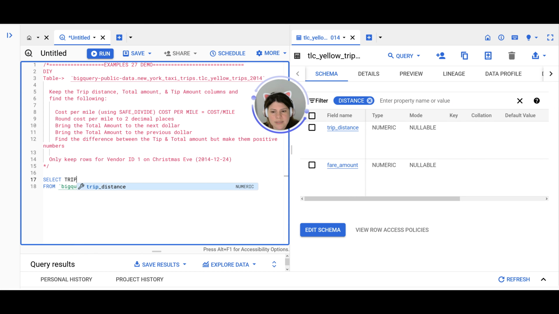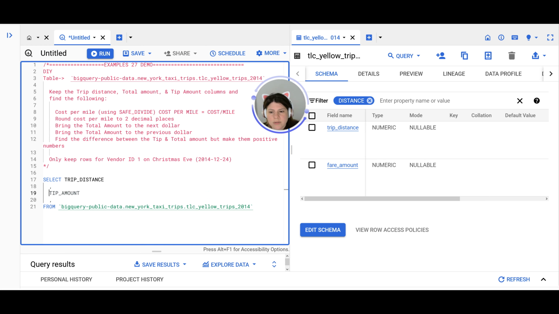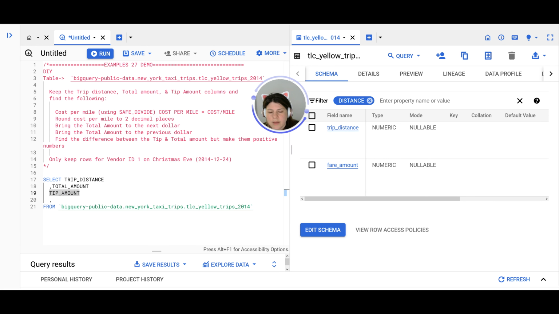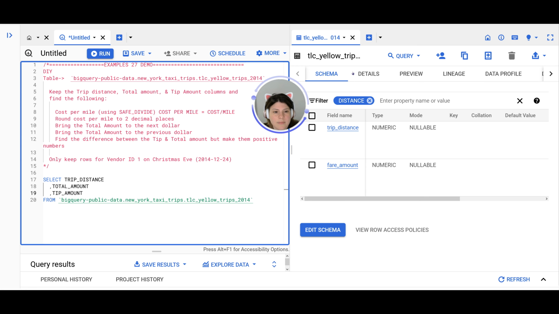Trip underscore distance. And then we're going to take tip amount. And this is pre-filling for me, so I know that that's the right way to spell it. And total amount. And I want total amount up here. Total amount. Okay, great. So I have my 3 columns.